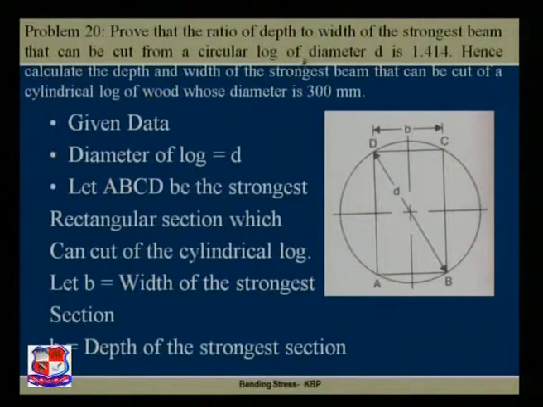Now we have to prove that the depth to width ratio of the strongest beam that can be cut from the circular log of diameter d is 1.414. That is the depth to width ratio, this d by b ratio, is 1.414 to achieve the strongest section.